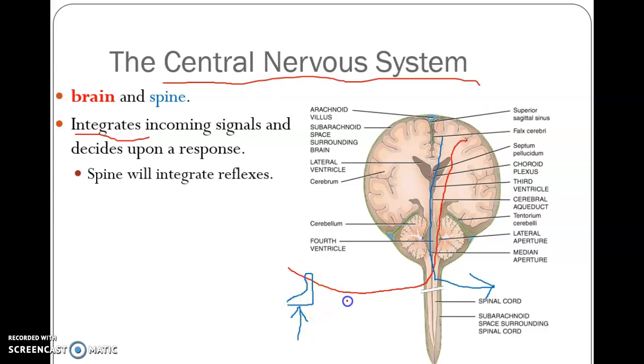The signal goes to the spinal cord on an afferent neuron, where the spinal cord integrates it and then sends the signal back out on an efferent neuron. So there's our efferent neuron. So again, afferent neurons go in, efferents come out, and the spine will integrate these reflexes.